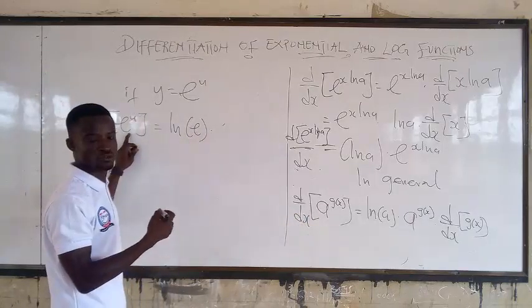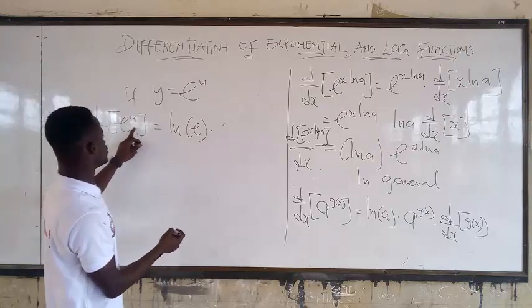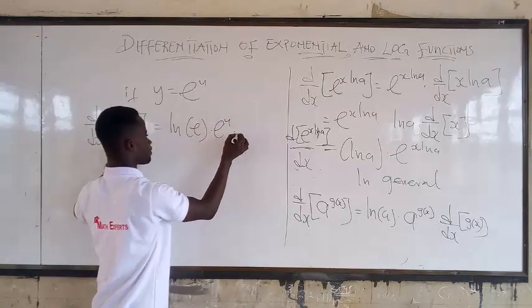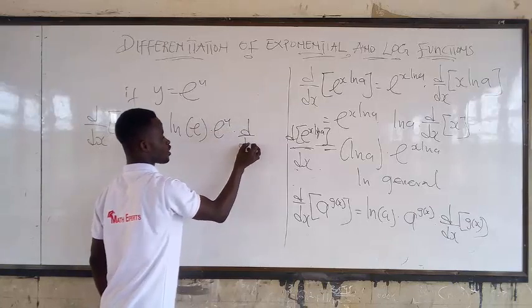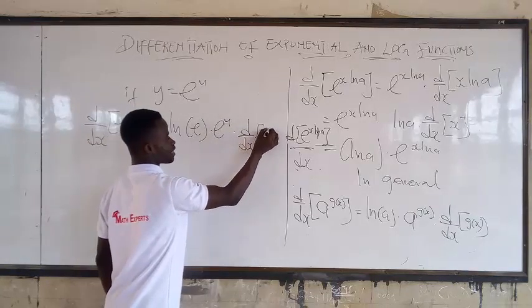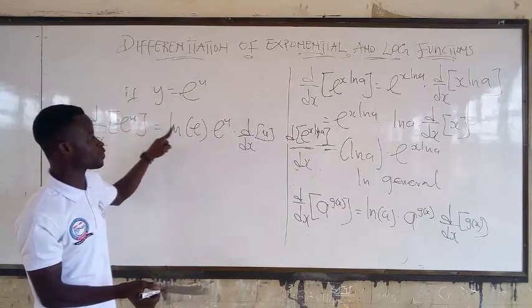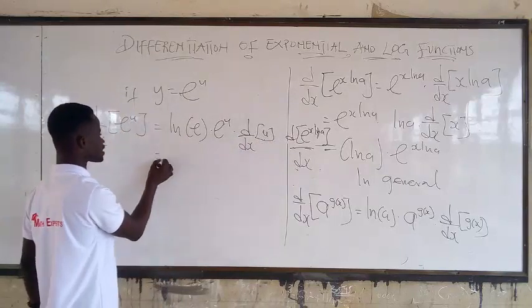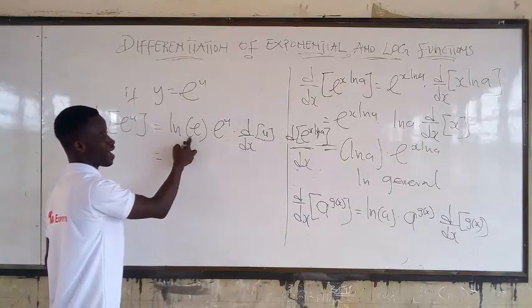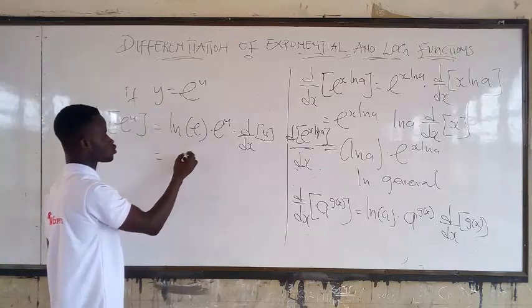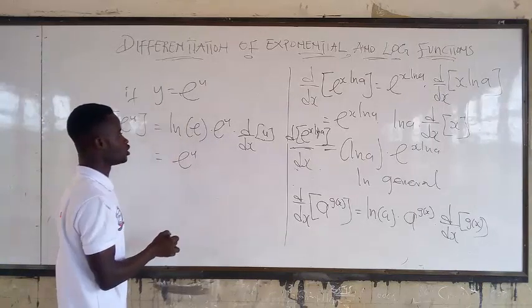Because e is 2.7 something. Then you repeat the whole thing. Then you take the derivative of the what? Of the inside, or of the exponent, which is what? U. So this is going to give you, this is 1. This one, it will cancel to go. So e raised to the power u.